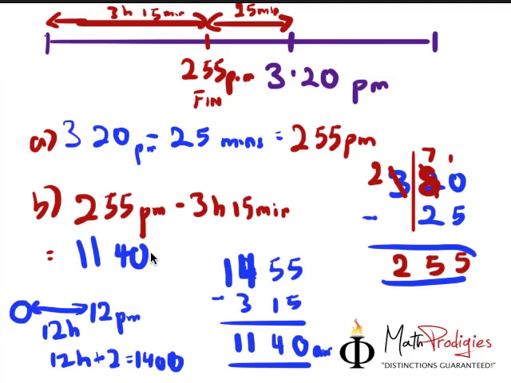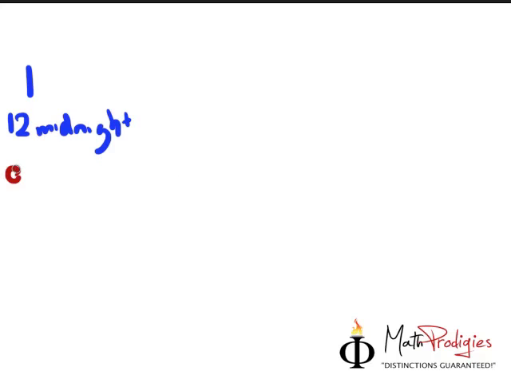Okay? So if you don't understand the 1200 and all that kind of thing, I'm going to explain one more time very quickly. Let's imagine 12 midnight is called 0100 hours. That's what it's called.